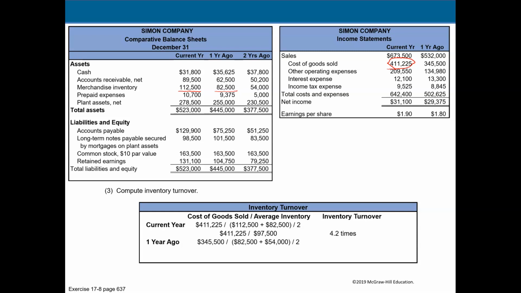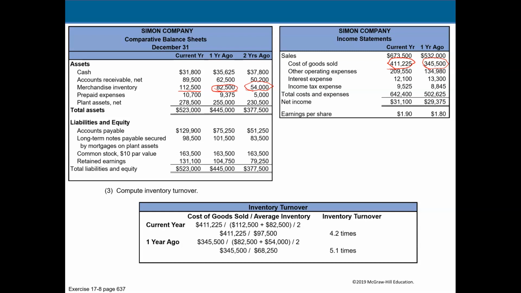And then a year ago would be 345,500. And then you take the 82,500, what they ended the year with, add what they started the year with, which would have been what they ended the year with the previous year, and divide by 2, and it's 5.1 times.